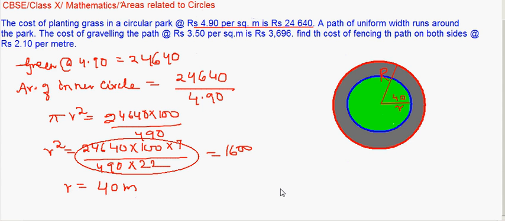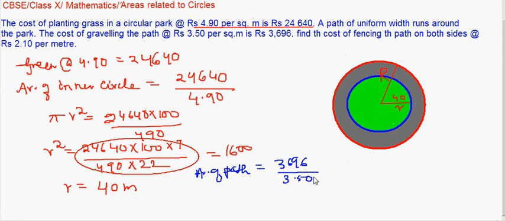We also need to find out the capital R. What is the next information given? The cost of graveling the path. Again we do the same thing. So the area of the path will be 3696 divided by 3.50.